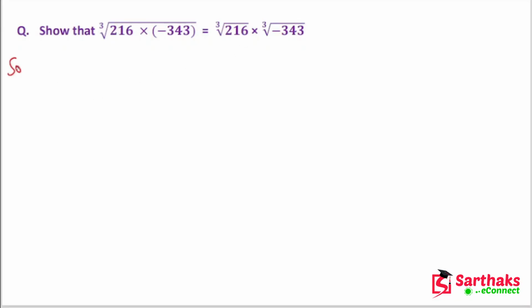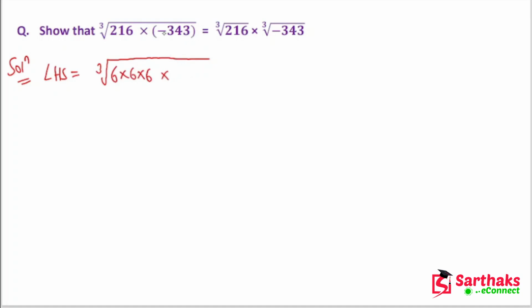So here now 216 and minus 343. So we already know what the factors are over here. So we'll take the LHS over here. Now cube root, right? So 216 can be written as 6 into 6 into 6. Similarly, we can calculate the cube root of 343, which is 7.